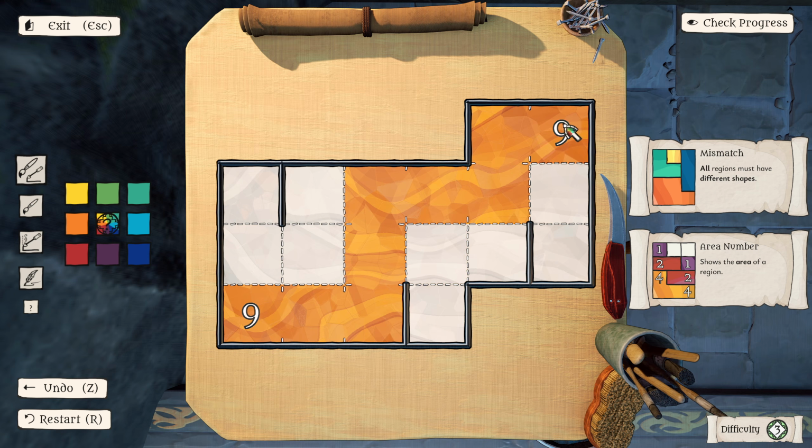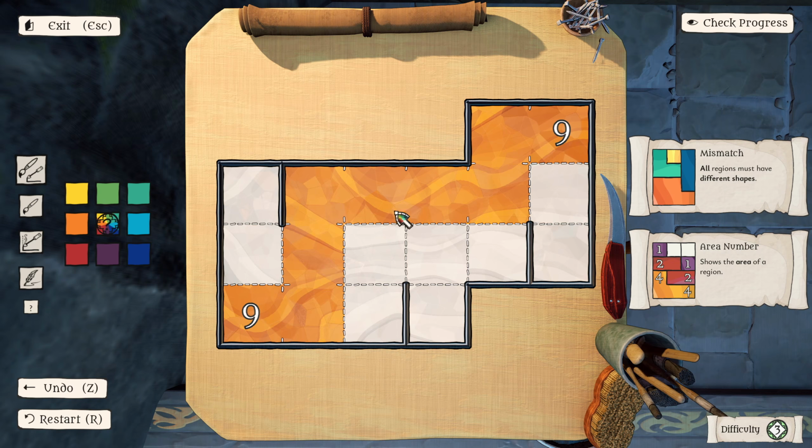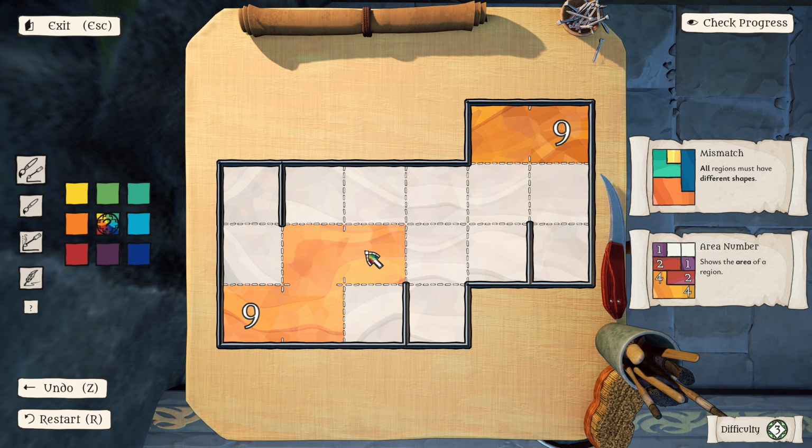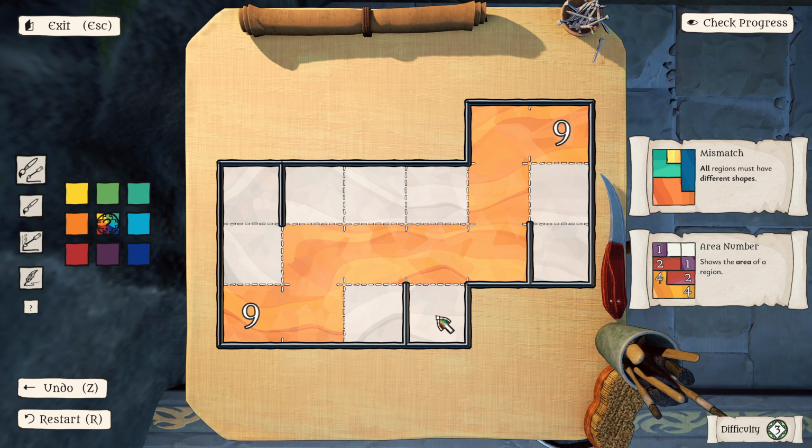But we can't have this many ones. 2, 3. Can't do that. It basically comes down to where do we make the stretch upwards, or the stretch across. But that leaves 2 1s, so these have to be open.